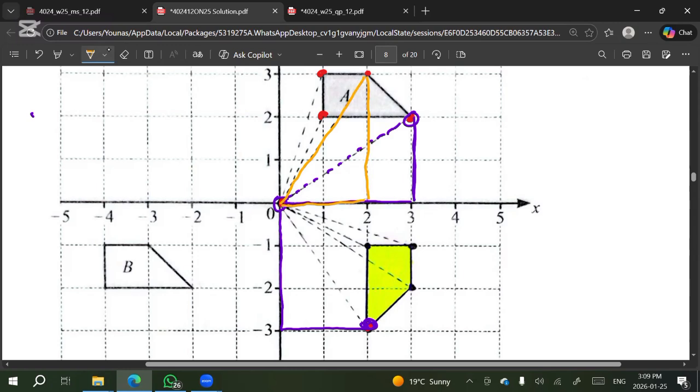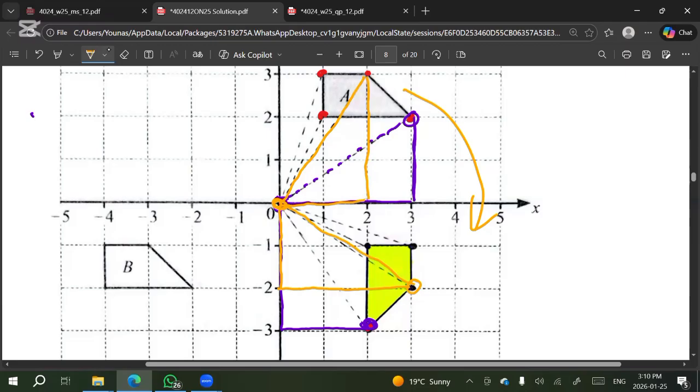When this triangle rotates 90 degrees about the origin, these two things, this is two squares like this, will become here. This is 1, 2, and 3. So you will have 3 steps here, and then you join them.